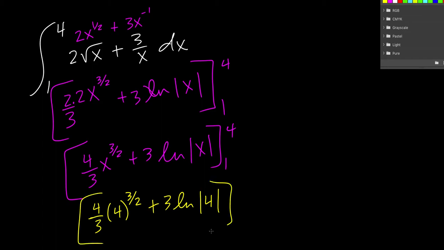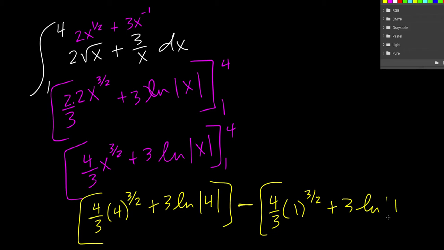We take all of that and we subtract what we get when we plug in a 1. 4/3 times 1 to the 3/2 plus 3 natural log of the absolute value of 1.